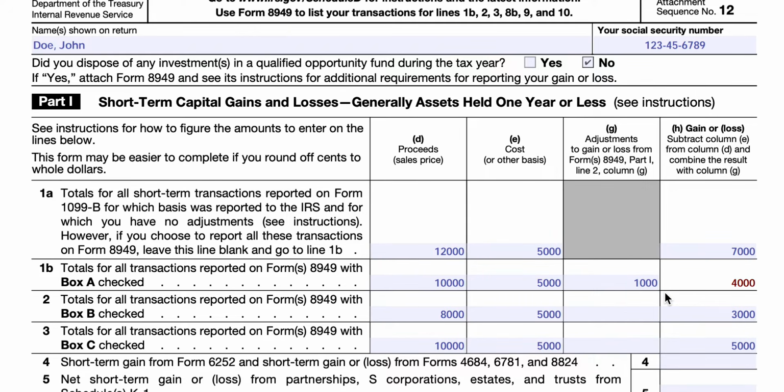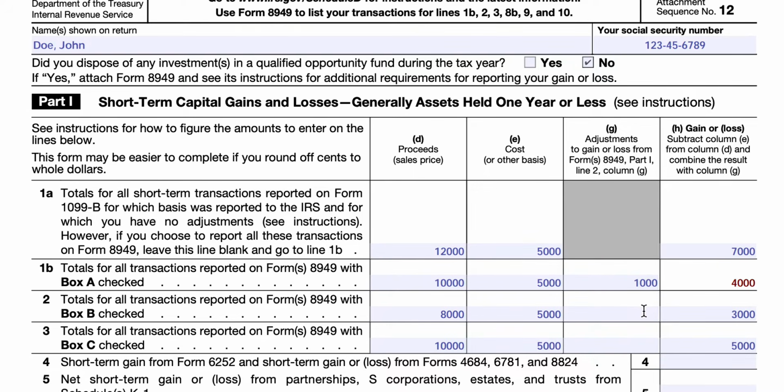So specifically for line 4, we're talking about IRS Form 6252, which reports installment sale income, IRS Form 4684, that reports casualties and theft losses, and depending on the basis of your assets as reported from your insurance claim or your reported casualty, you may be reporting a gain in certain circumstances.